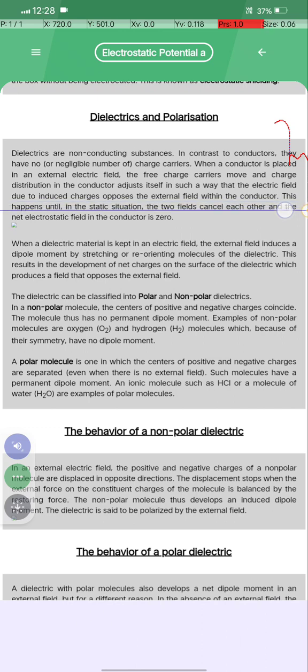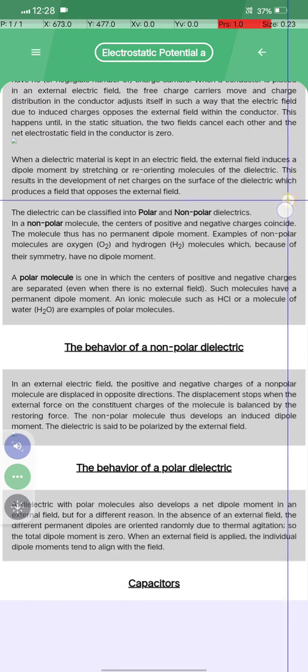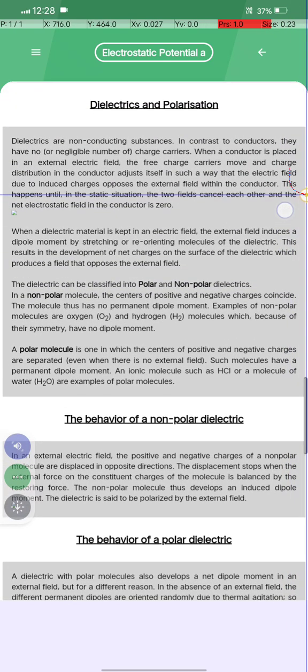This happens until, in the static situation, the two fields cancel each other.